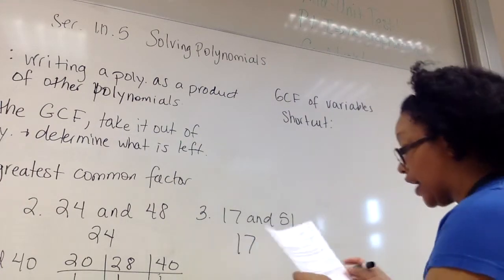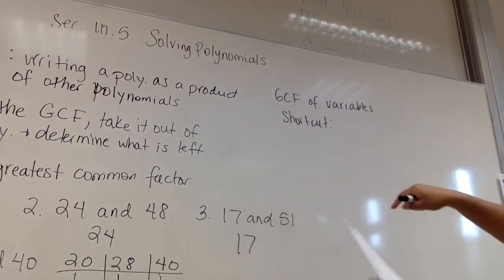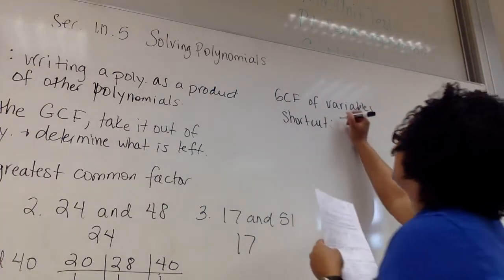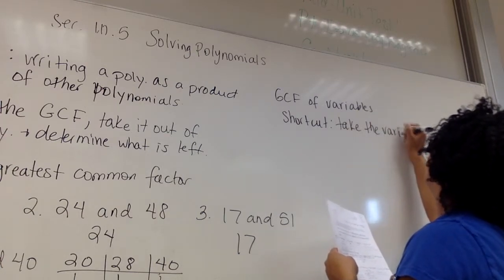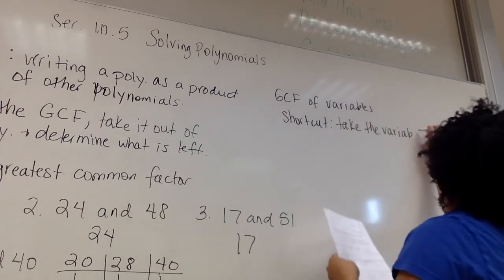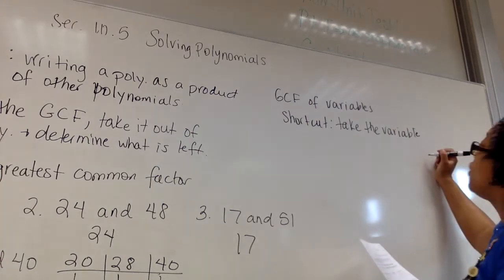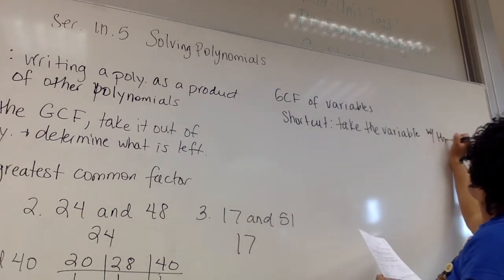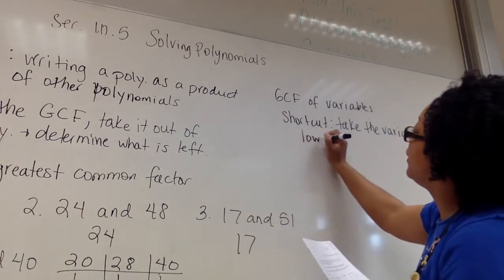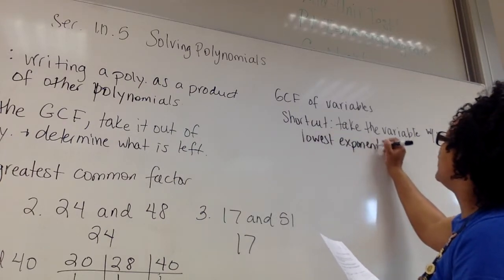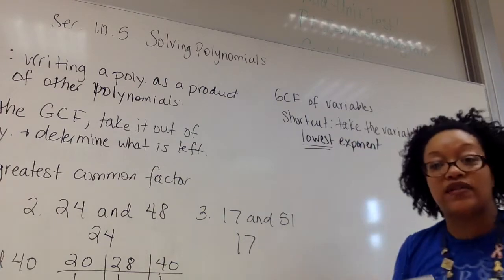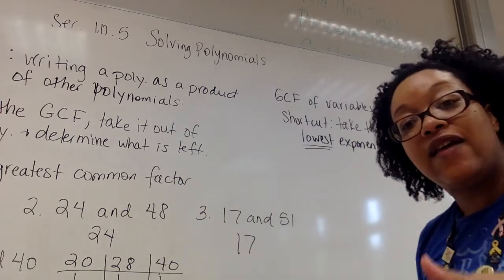So here's what I want you to write. To find the GCF of variables, the shortcut is you're going to take the variable with the lowest exponent. All right? Remember, this is common factor.